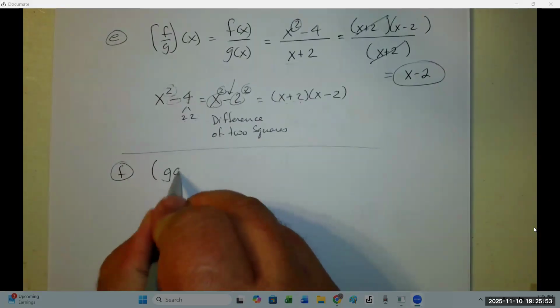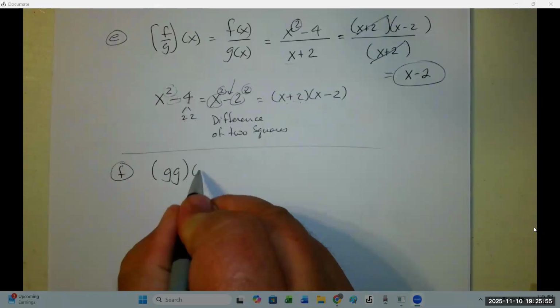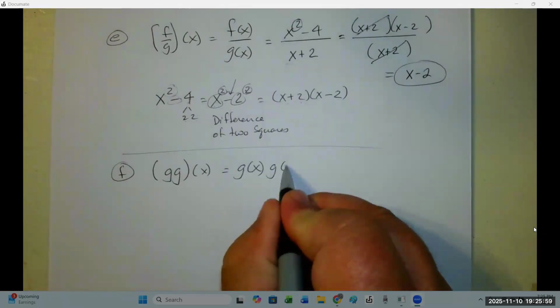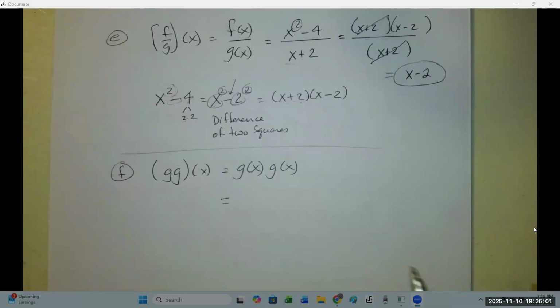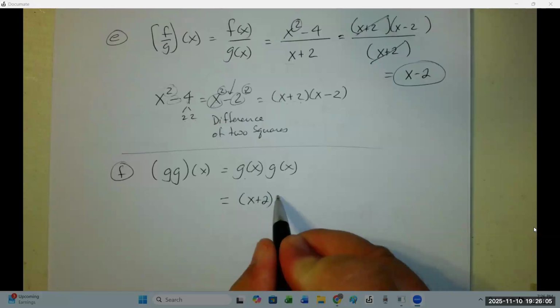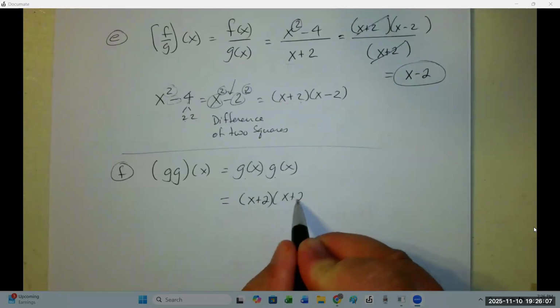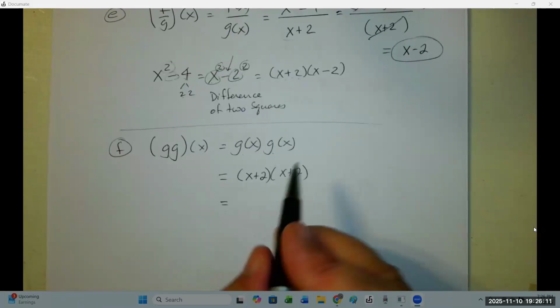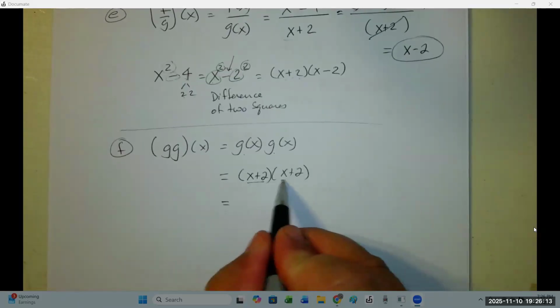The last one is g times g of x, which means g of x times g of x. G is x plus 2. G is x plus 2. So everything in the first parenthesis multiplies everything in the second.